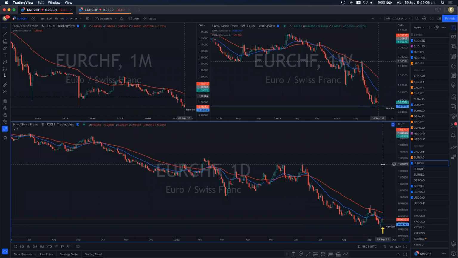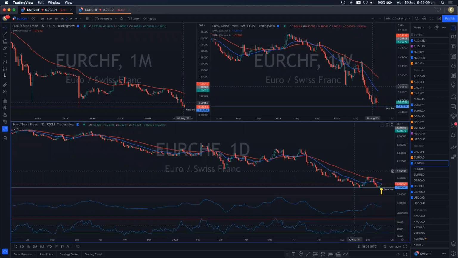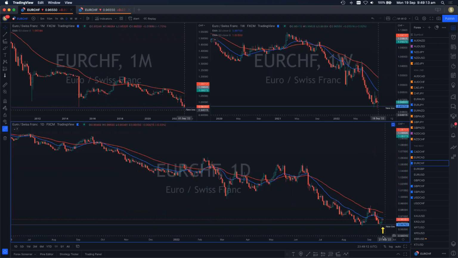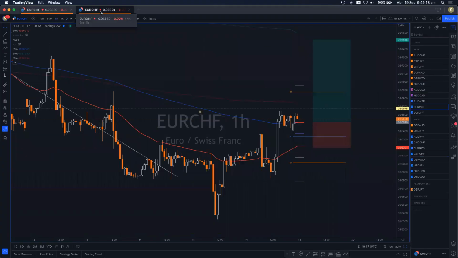Euro Swiss, again we've got the double bottom, MACD divergence, very strong. Got some bullish action on Friday, which is nice. It didn't really give a nice trade because it was jumping around a bit on Friday night. But now we've got this very strong bullish action.